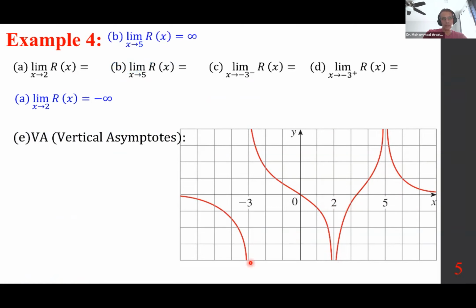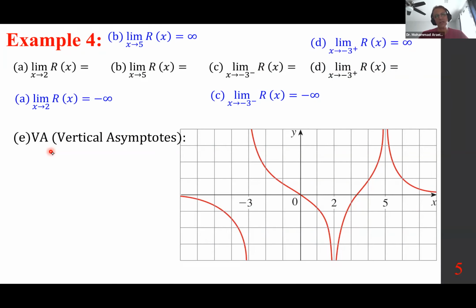On the left you're going towards negative infinity, and on the right side, positive infinity, in which case all of them tell us the VA, vertical asymptotes: x equals negative 3, x equals 2, x equals 5. Those are the equations.